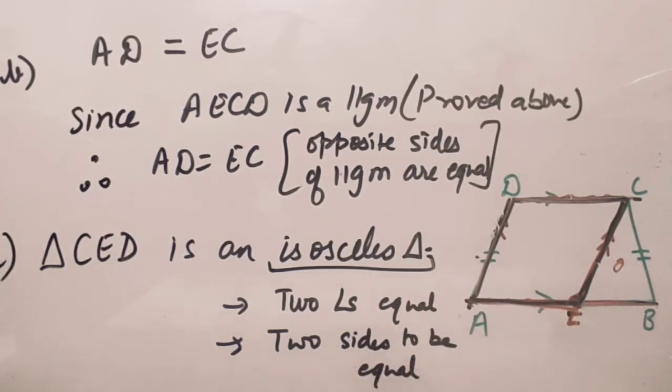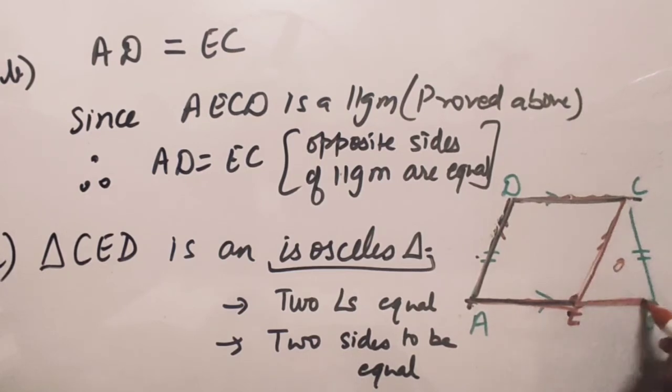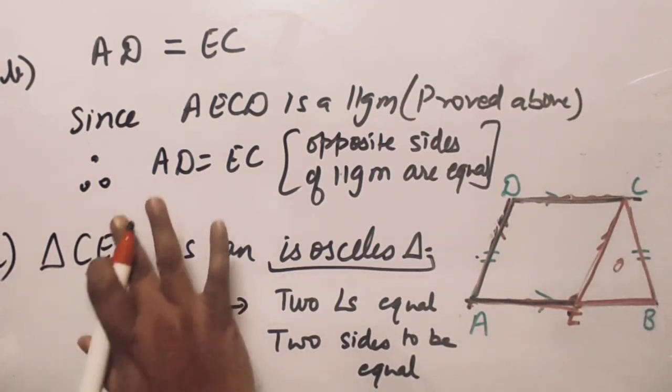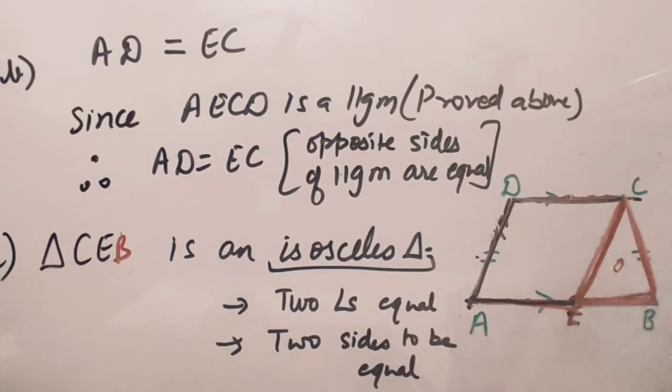Right. So first of all, let's mark which triangle we are going to prove. We are going to prove actually this triangle CEB. Sorry for writing this, it is CEB. This triangle we are going to prove is an isosceles triangle.